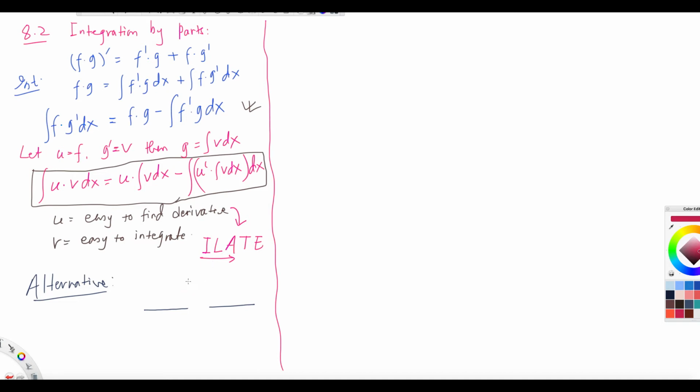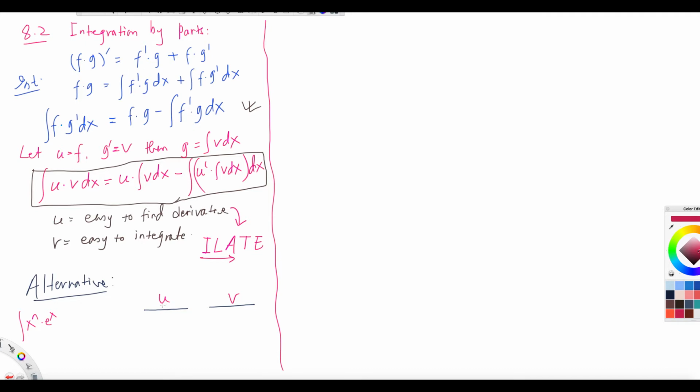The alternative method is used only if the function has a certain format. For example, if there is an x to the n times e to the x type of function, then one should be u and another should be v.